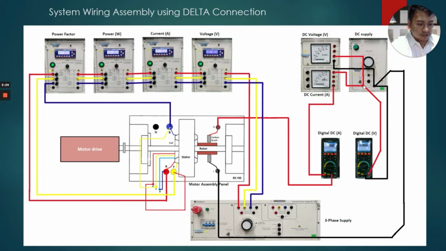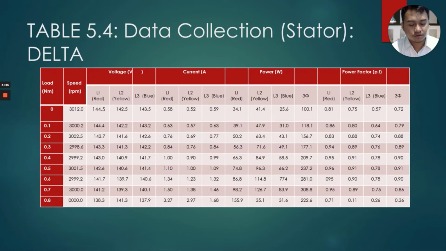From the DC supply, it will connect to the digital DC voltage. From the DC supply, the neutral line will connect to DC voltage, and also connect to the digital DC voltage, and it will connect to the rotor.